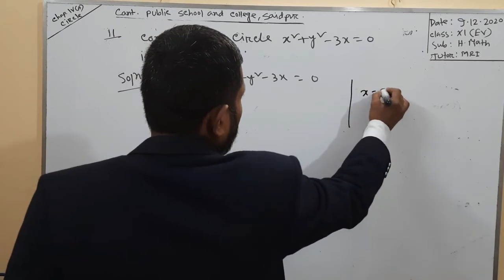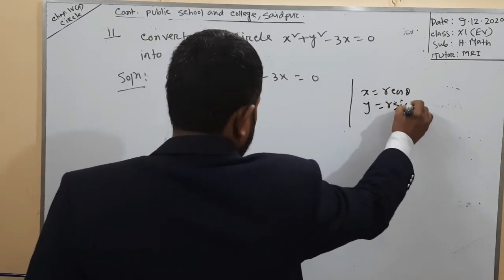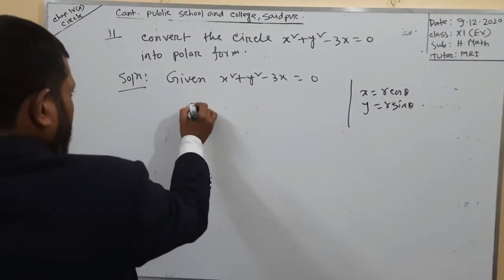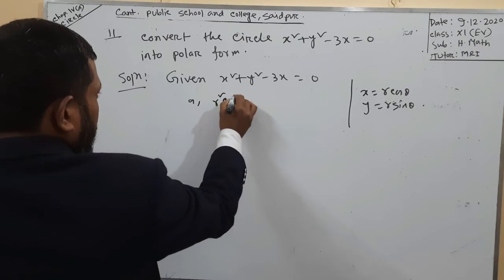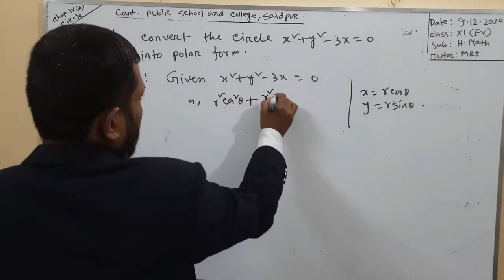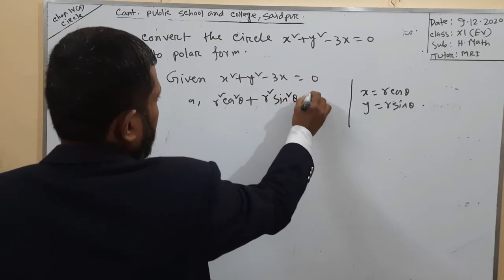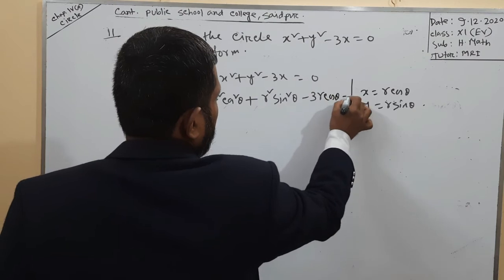Since here x is equal to r cos theta and y is equal to r sin theta, we put here r square cos square theta plus r square sin square theta minus 3 r cos theta is equal to 0.